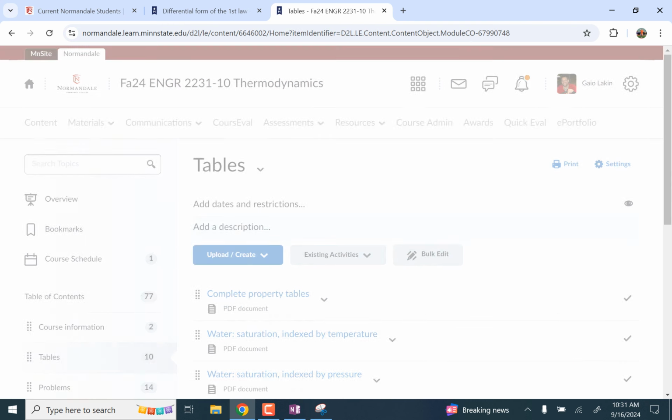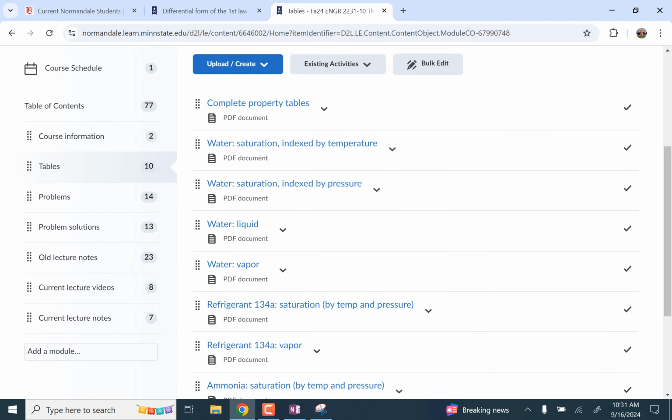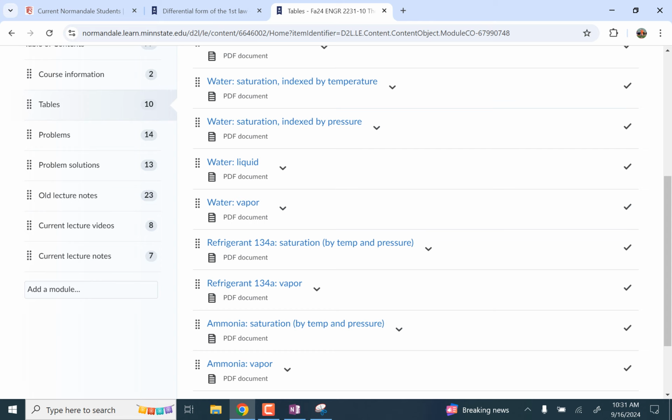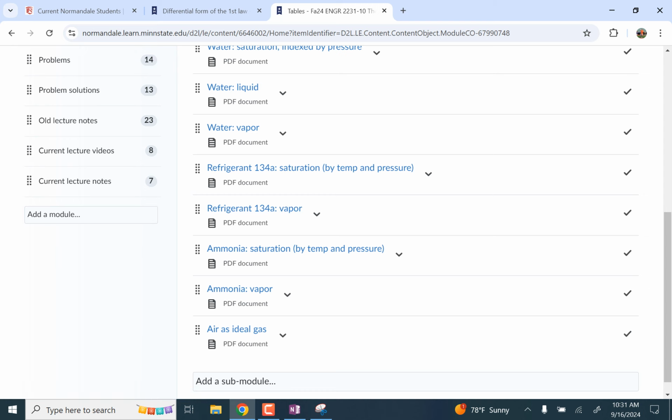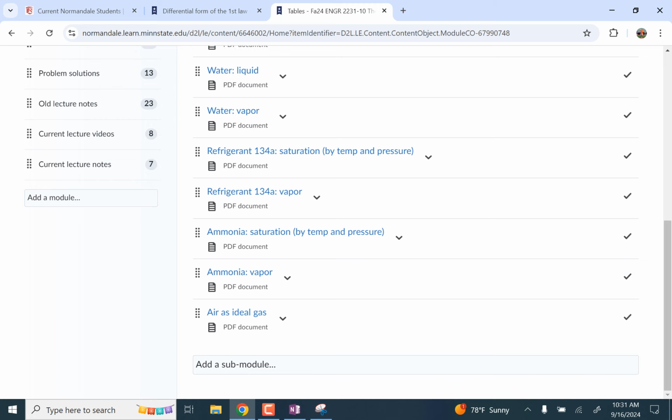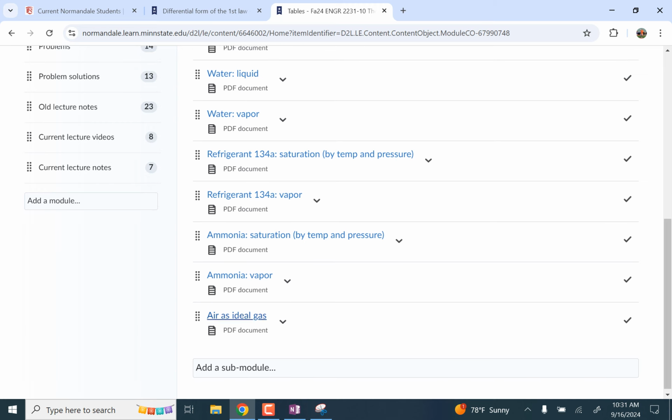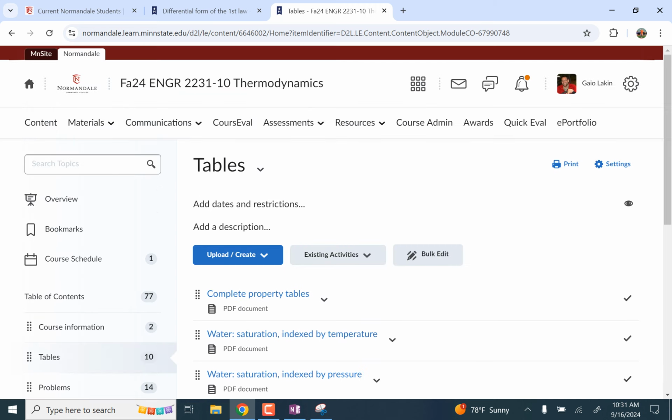We have these for water, a specific refrigerant that's popular or was popular, ammonia. And then we'll talk about the ideal gas tables later.